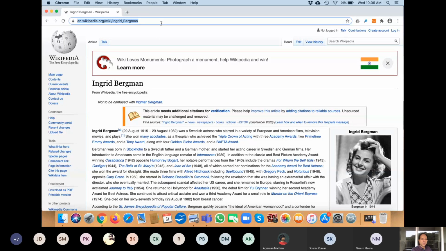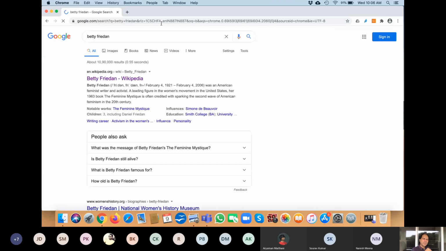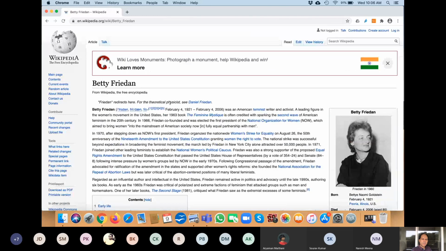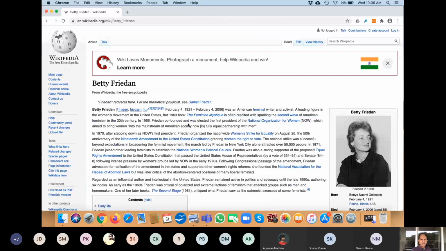And there is also this famous author, Betty Friedan. Very famous author, I think a feminist author. Her book, The Feminine Mystique, is supposed to be a classic. I haven't read it, but I have heard a lot about it. Hers also is February 4th, February 4th. So there are many such people. In fact, there are a lot of articles on that.